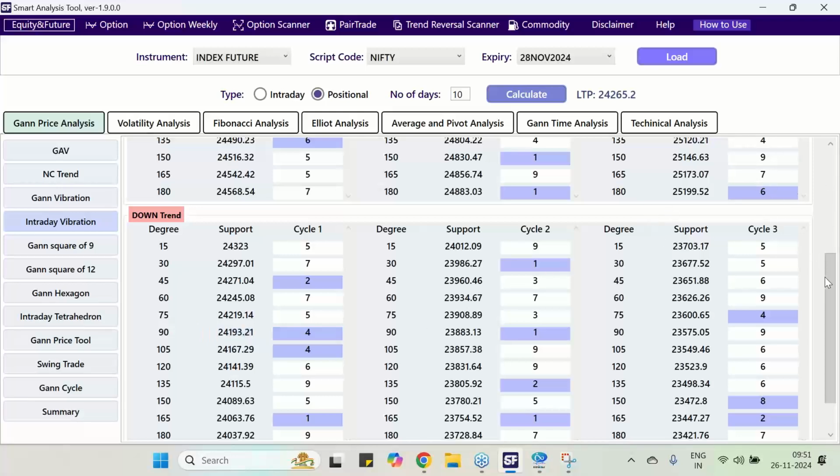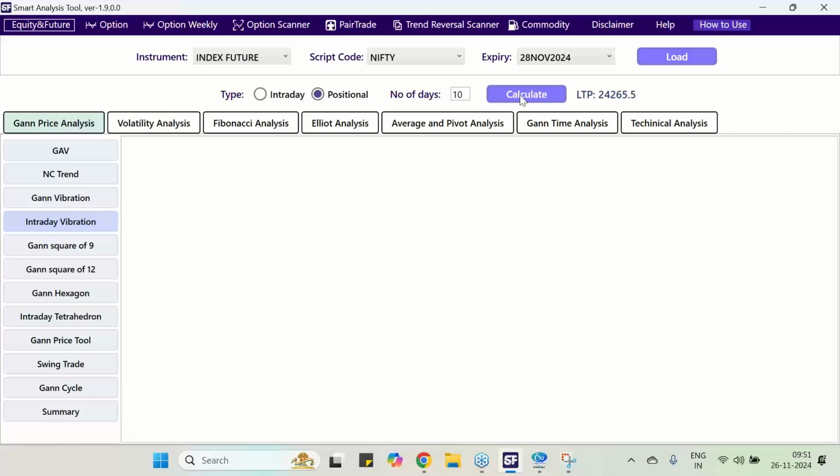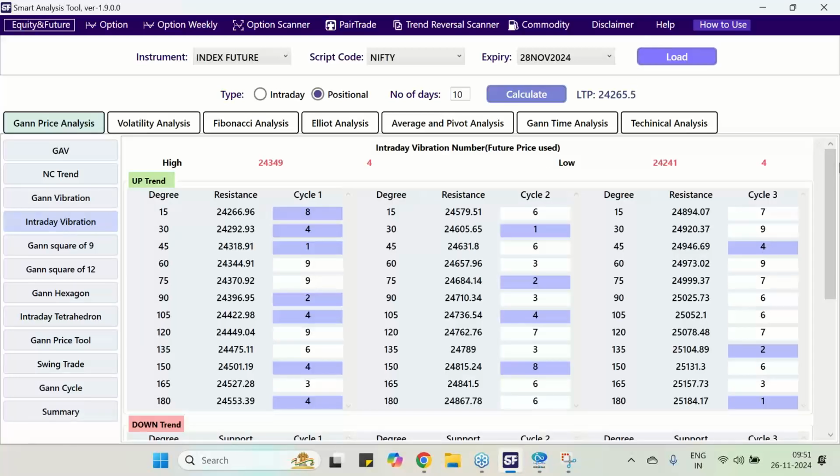When the low is changing, the upside vibrations will change. A new low changes the vibration, and a new high makes new intraday vibrations. Intraday vibrations will change. See, now it has become 4. So 2, 2, 4, 8, 1 are all vibration numbers.